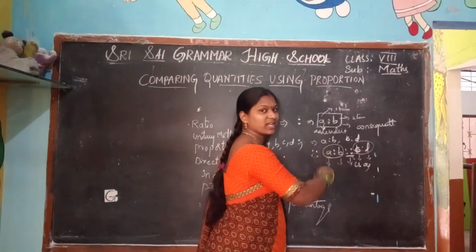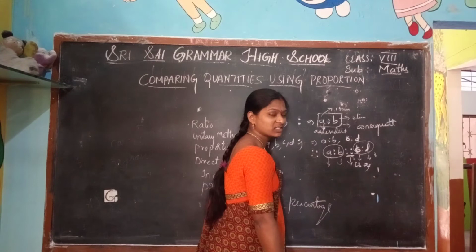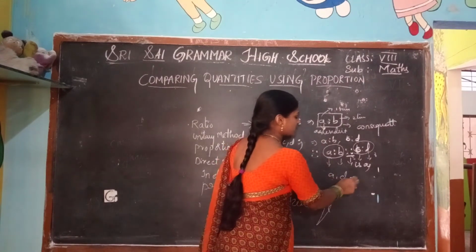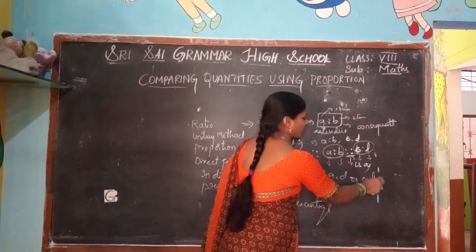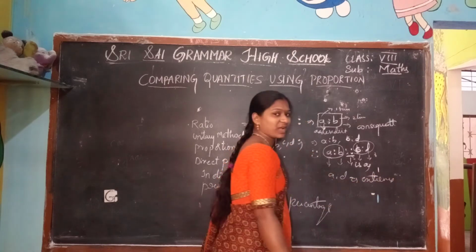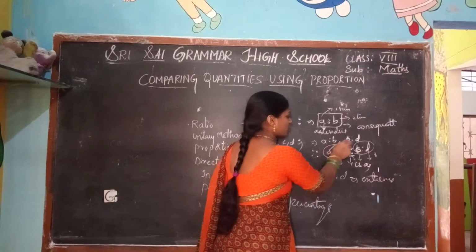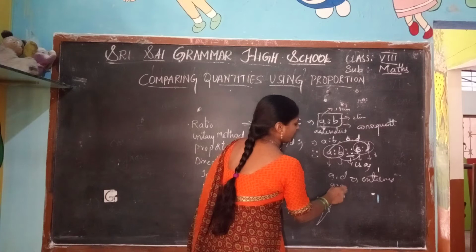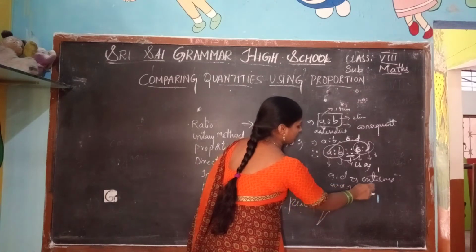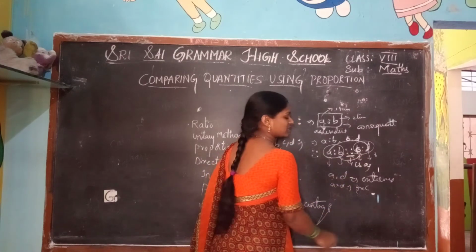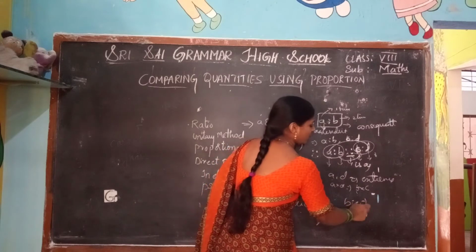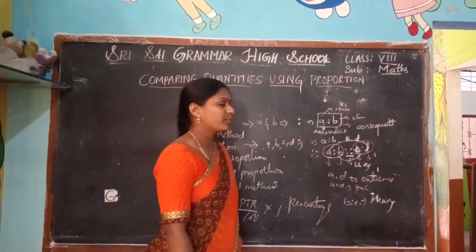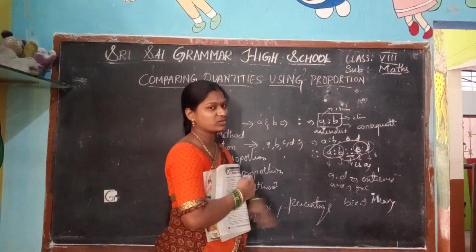Totally how many quantities here? 4 quantities. Here A and D are called extremes, and B and C are called means. Here the quantities are used in the proportion.